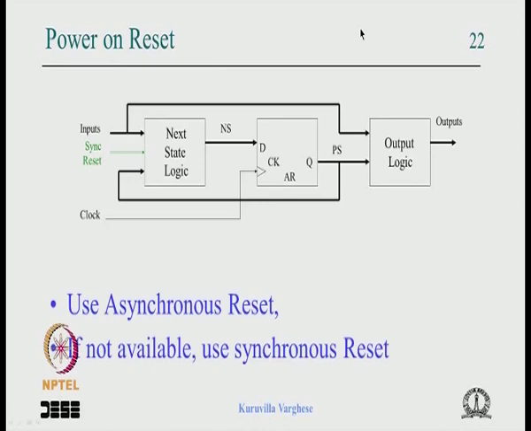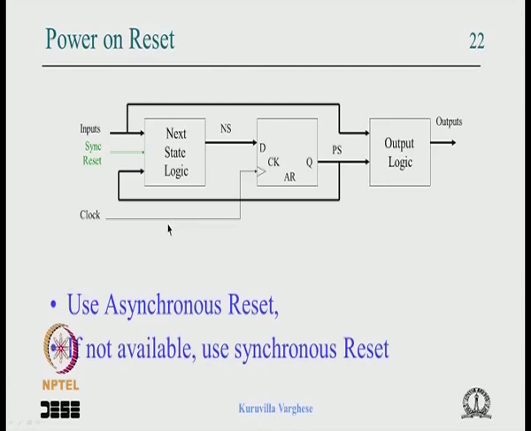That data path is working at some frequency, and we maximize the clock frequency in the data path to get the highest throughput in some application. Suppose that is working at 100 megahertz, it is futile and a lot of power wastage if we work at 1 gigahertz clock frequency.